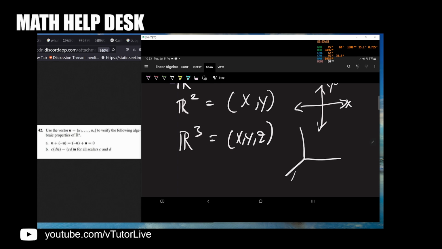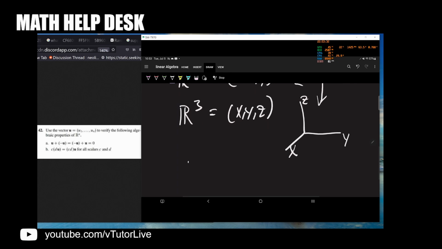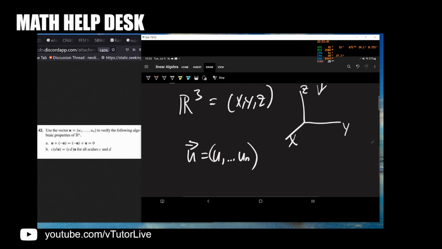X, Y, Z. So what this is asking you is, let's be a little abstract here and say that for any n-dimensional space, Rn, we have some vector u, which goes from u1 dot dot dot un. Any issues with thinking about an arbitrary vector u? I think I'm good with that.